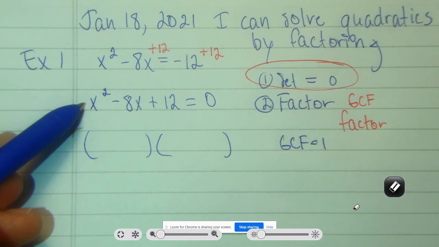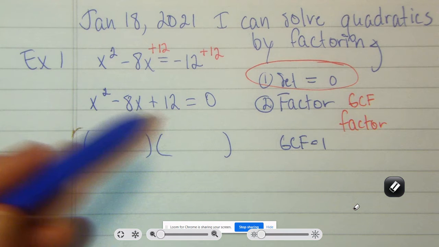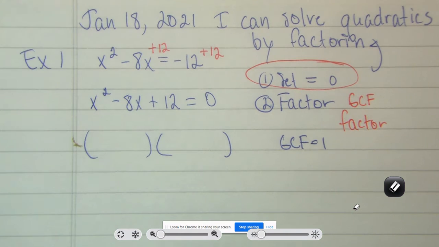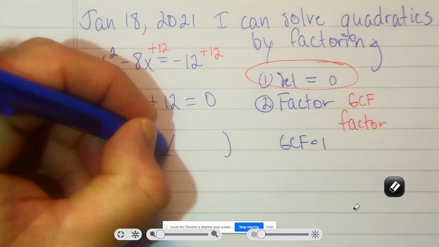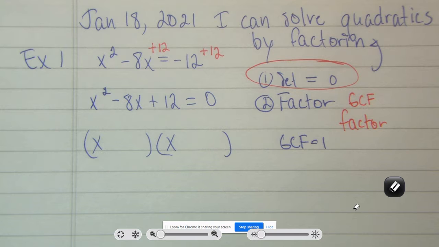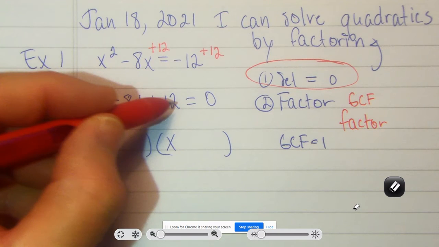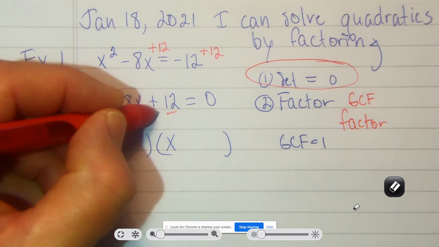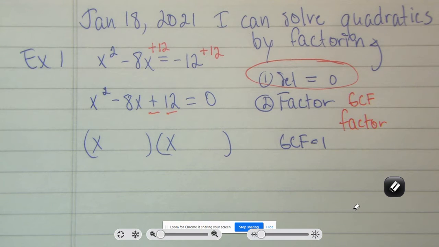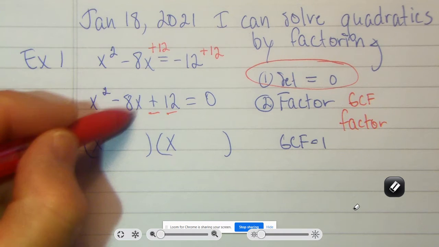Because the coefficient of x squared is 1, that's all it could be. And so x squared then will be x times x. And we're looking for factors of 12 that will add up. I'm using that sign to tell me I want them to add up instead of subtracting. They're going to add to be a negative 8.